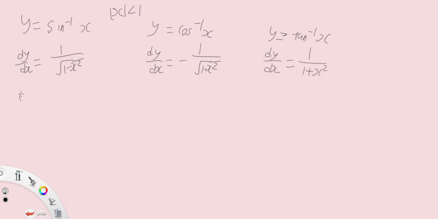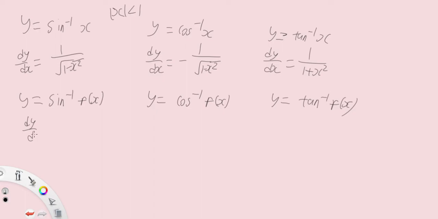Obviously, we know in the syllabus there are also the f(x) versions. So I'll just straight away write down the general formula because I don't think I will need to show you specific examples. So we will then have slightly different.